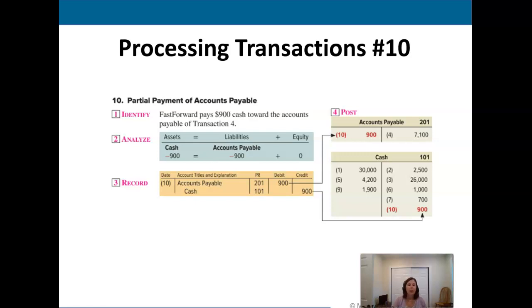So our accounts payable is now going to be a debit, which is going to reduce the balance in the accounts payable account, showing that we now owe a little bit less than we did as a result of having made this payment. And our cash is a credit. We spent cash on this payment, so our cash balance goes down, and that's a credit. Also then transferred into the ledger accounts.